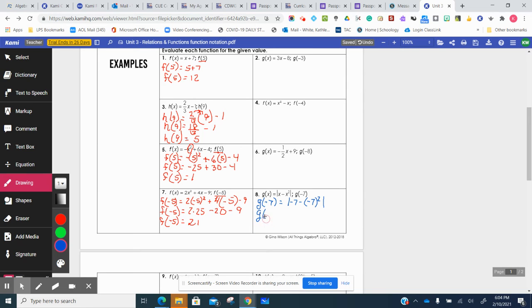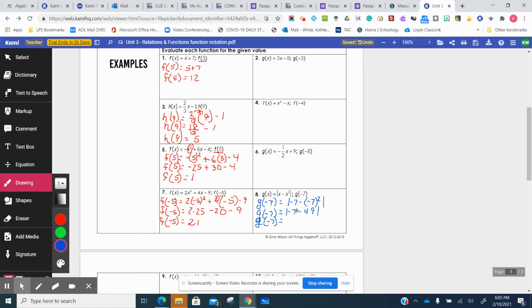So now I'm going to have g of -7 is going to be equal to -7 minus |-7| squared is 49, gives me an absolute value there. Again, g of -7. And I like to follow this process.